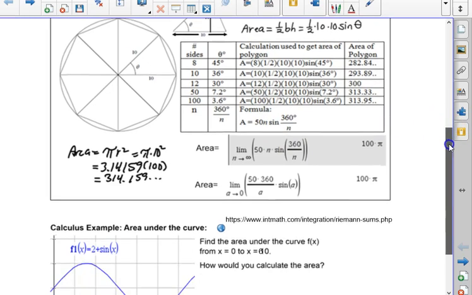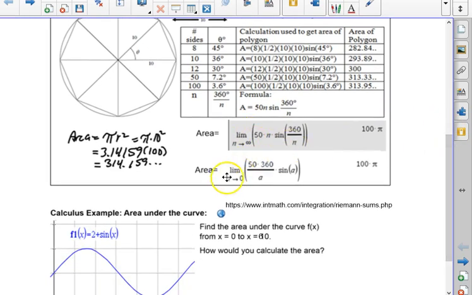What happens as n goes to infinity? I think A is the angle.